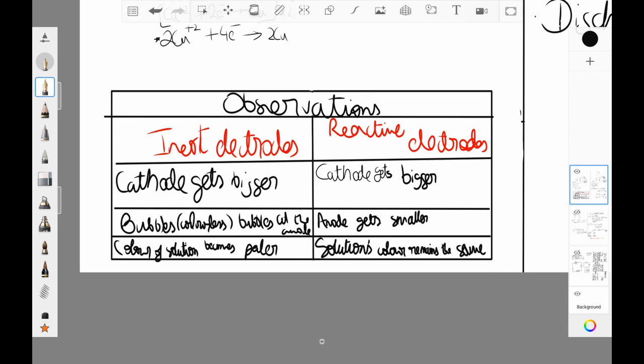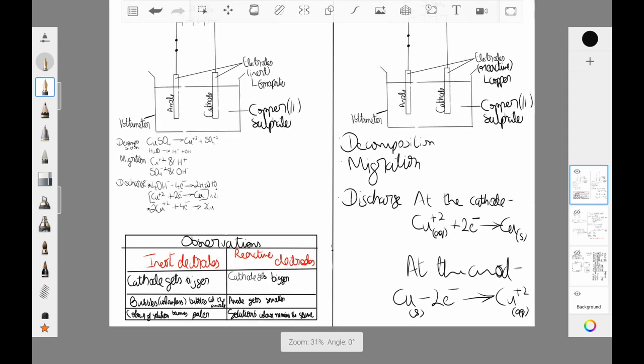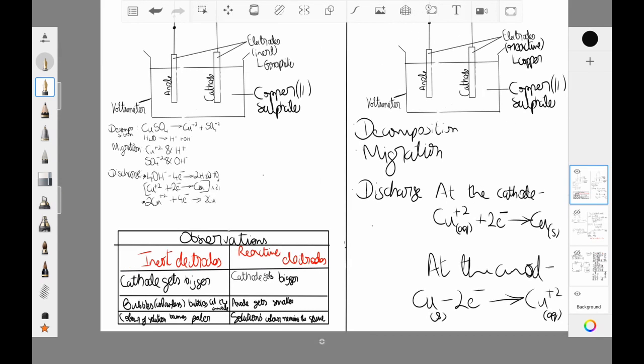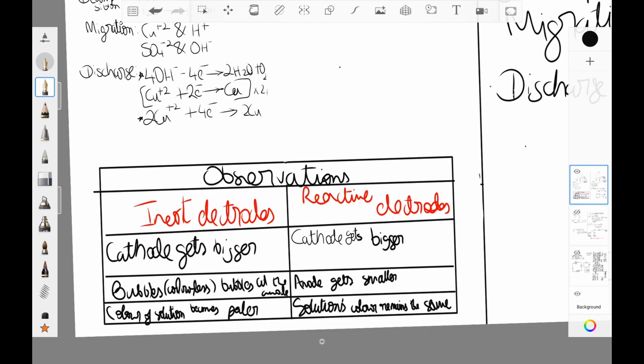Right, so these are the observations, or the comparative observations between the two different demonstrations. I think the observations for the inert electrodes are pretty self-explanatory, and they should be obvious by now.